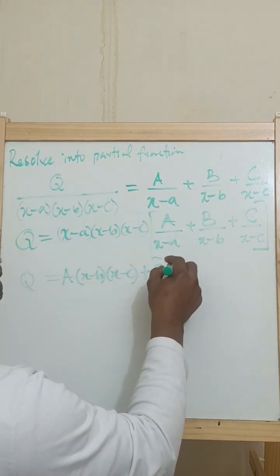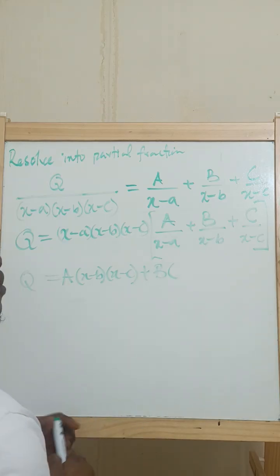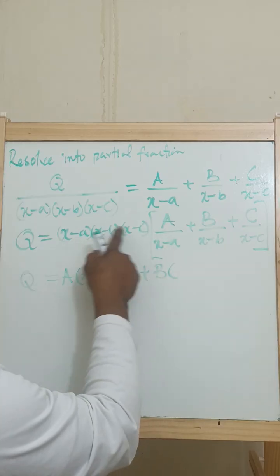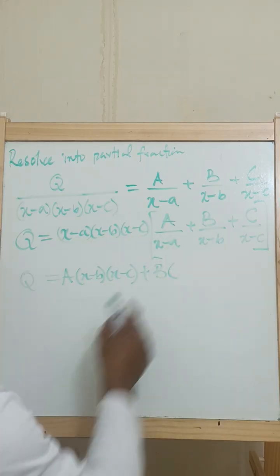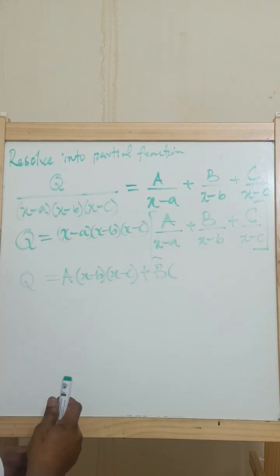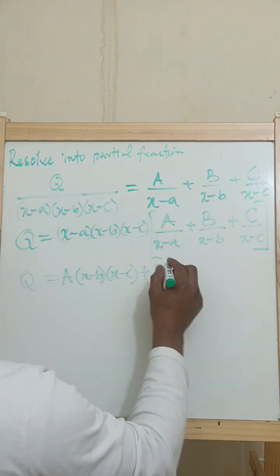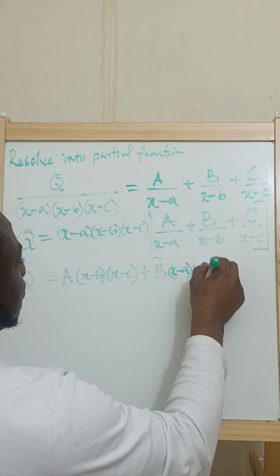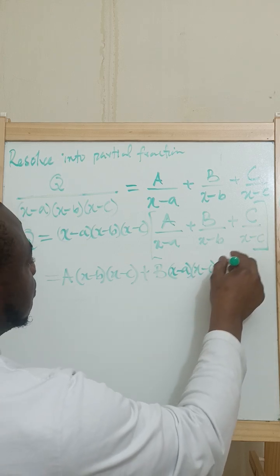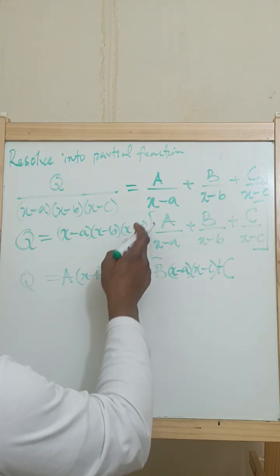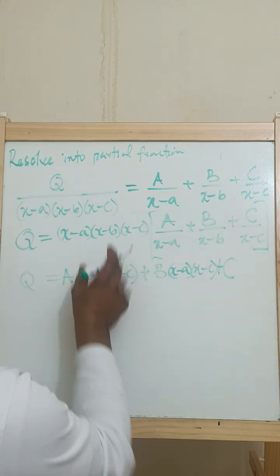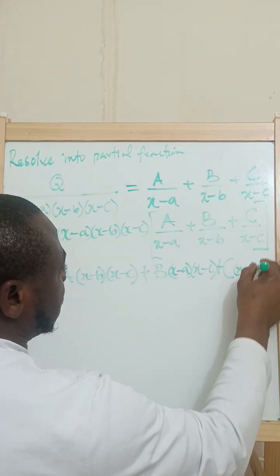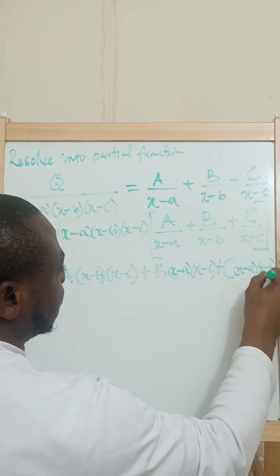Plus B becomes x minus a and x minus c, because this is going to cancel for the B part. So we are left with x minus a, x minus c. And for the C part, x minus c cancels x minus c, and we are left with x minus a, x minus b.